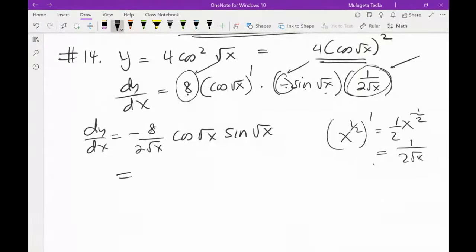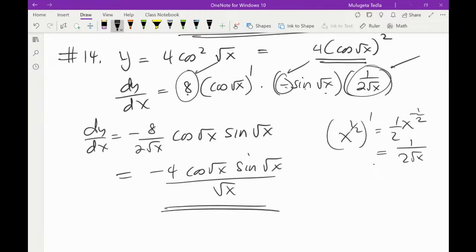Or you can do negative 8/2 is negative 4, cos of root x, sine of root x, divided by, when the 2 is gone, root x. This is the answer. You cannot cross out the root x's. Be careful. The top root x is subject to the sine and cosine. The bottom is not. So they are not the same numbers.